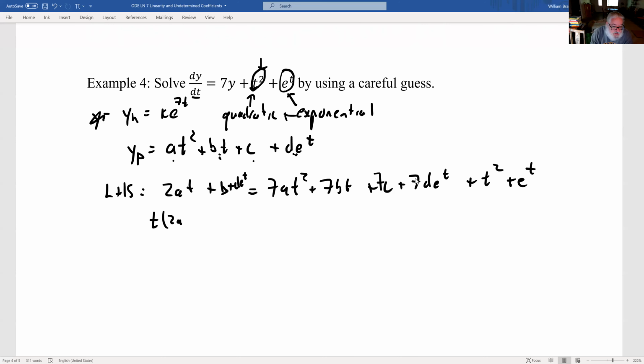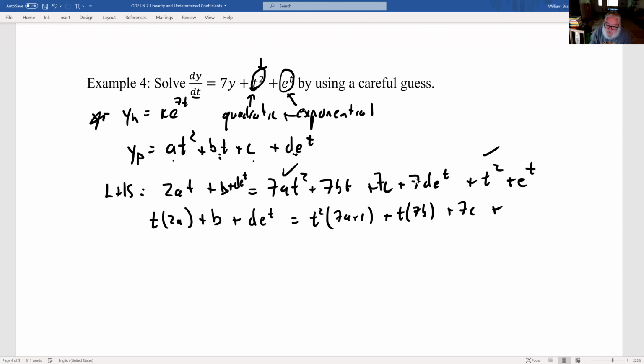So I have a t times 2a plus a constant b plus d times e to the t. And that's equal to t squared times 7a plus 1, plus t times 7b plus 7c, plus an e to the t times 7d plus 1.